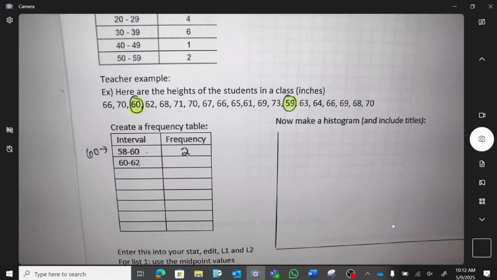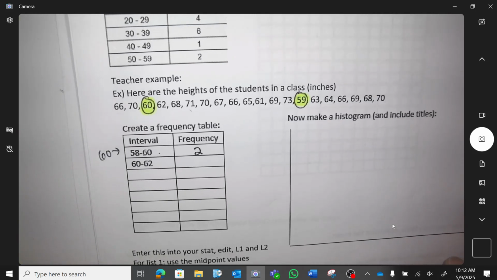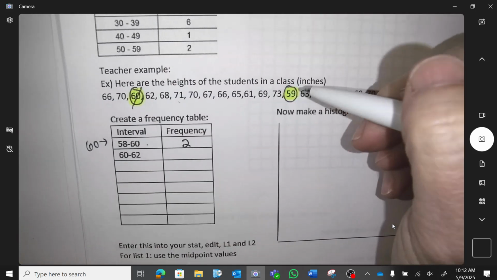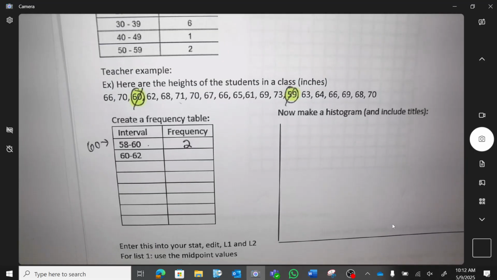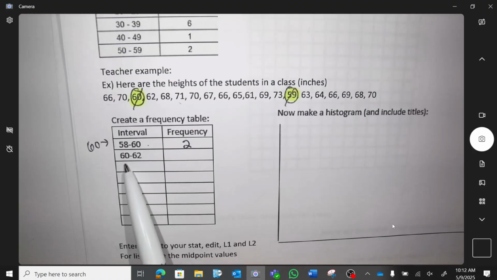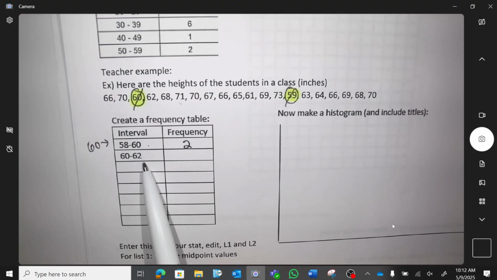Okay, I'm done. Good? I like to cross off because I need to make sure I'm getting all my numbers. Okay, so 60 to 62. How many times do you see 61 or 62?